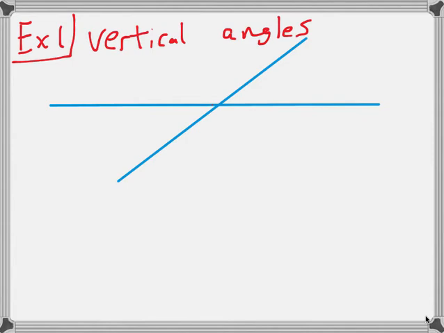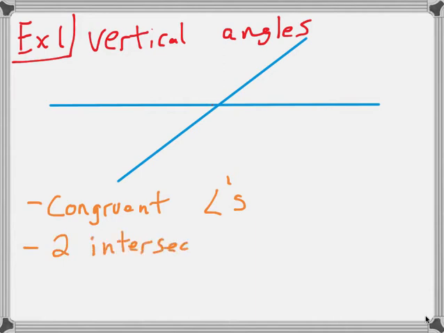Definition of vertical angles, guys, pretty simple. Vertical angles are congruent angles, and they are formed by two intersecting lines, which I've already drawn up here, and they are across the intersecting point.